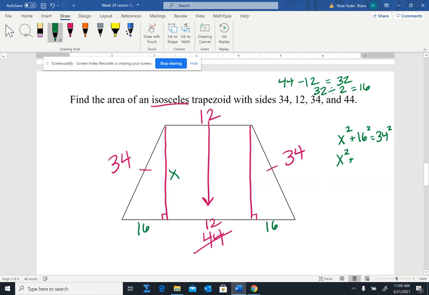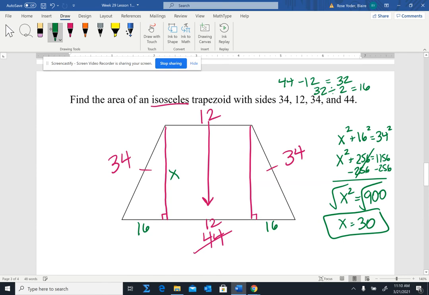So x squared plus 16 squared, which is 256, equals 34 squared, which is 1156. Oh, I can tell that this one's going to work out nicely because I happen to know that 1156 minus 256 is 900, and 900 is a perfect square, like how 9 is a perfect square. So square root of 9 is 3, square root of 900 is 30. So we have a height of 30.